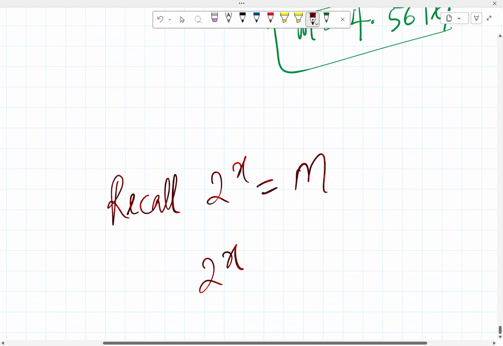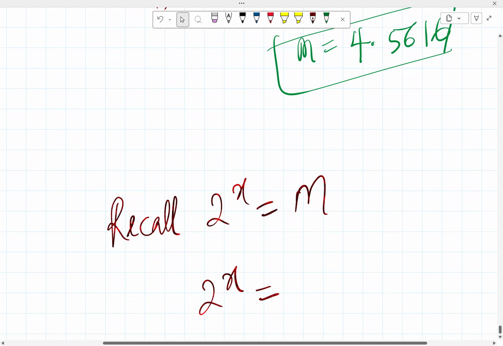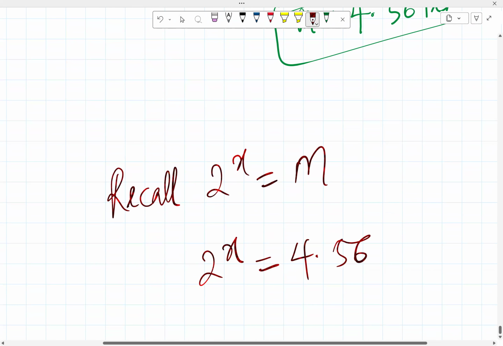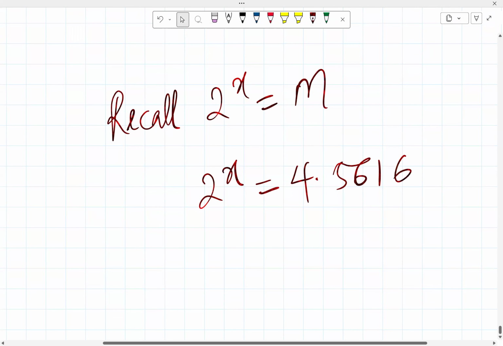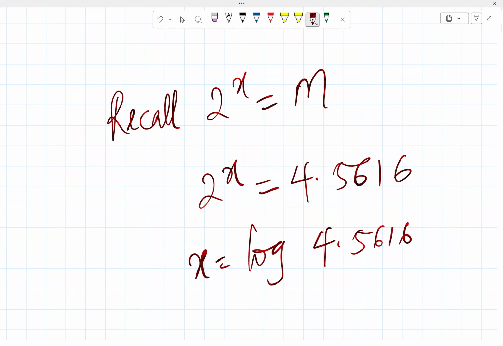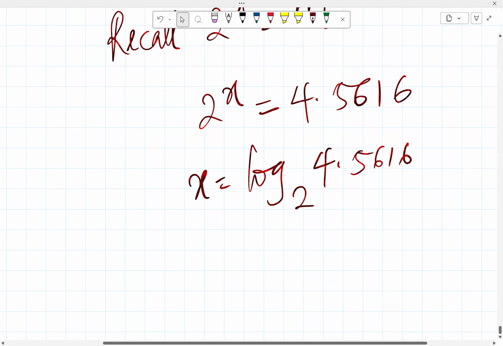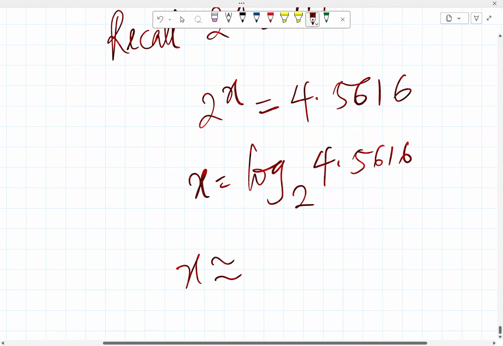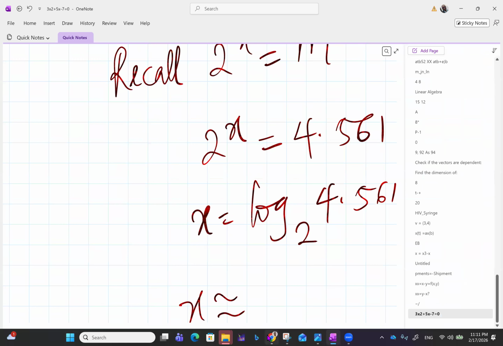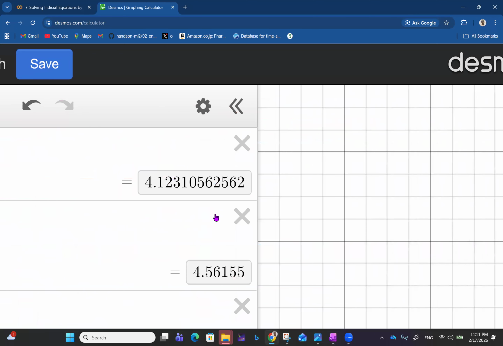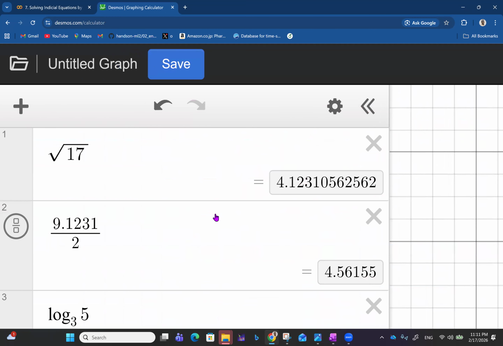So 2 raised to the power x is equal to 4.5616 approximately. So x itself is log of 4.5616 base 2.